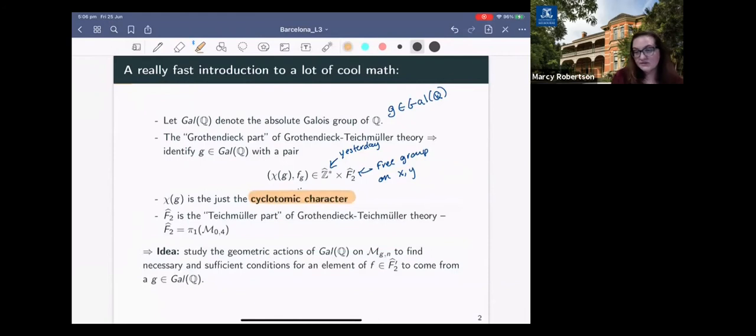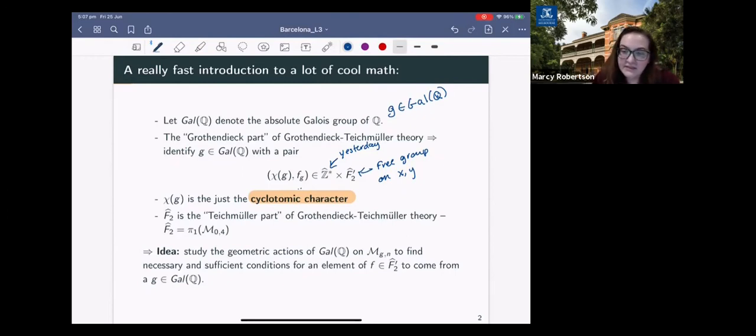So we saw this in Geoffroy's talk, I think it was yesterday or the day before, one of Geoffroy's talks. He talked about the cyclotomic character as giving the action of the Galois group on the roots of unity. So this is a well-understood integer. The hard part, the Teichmüller part, is the description of F. So how do we get this element in the free group?